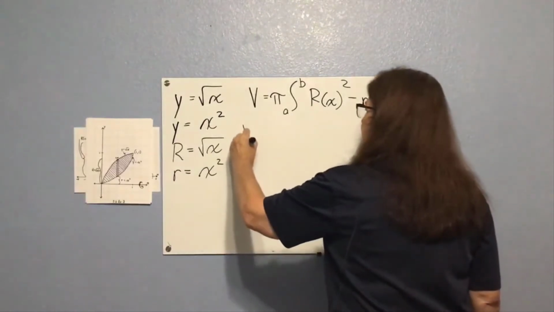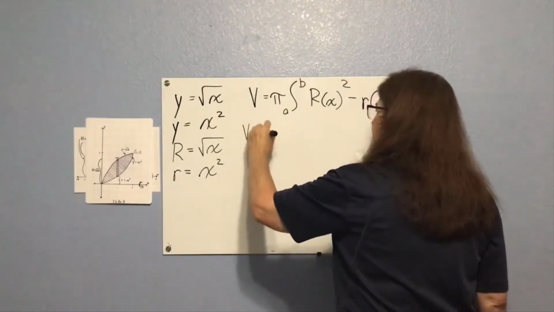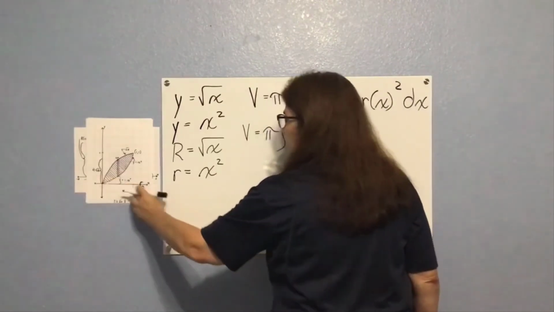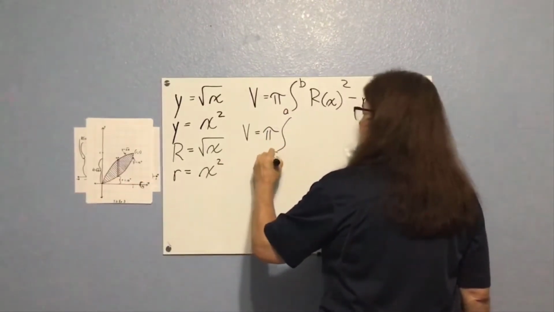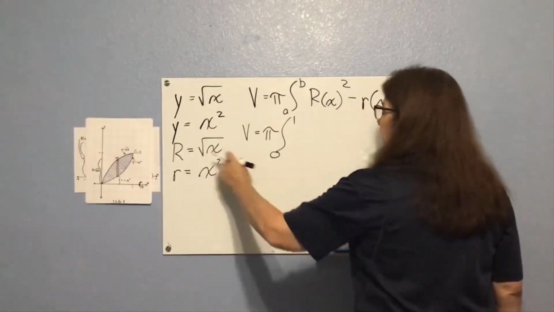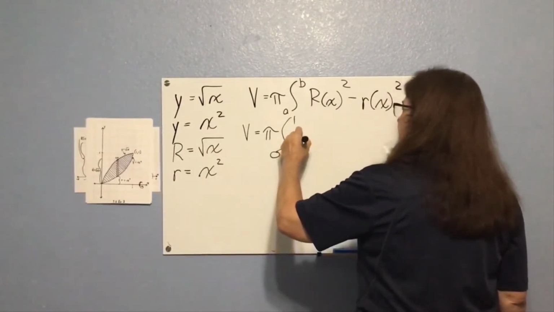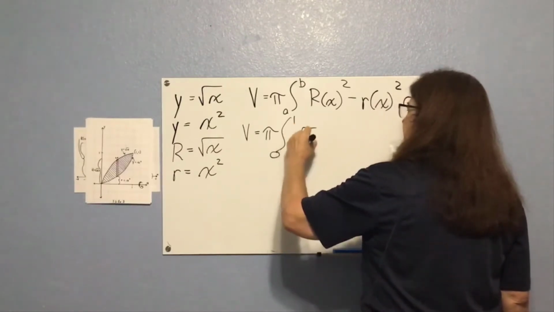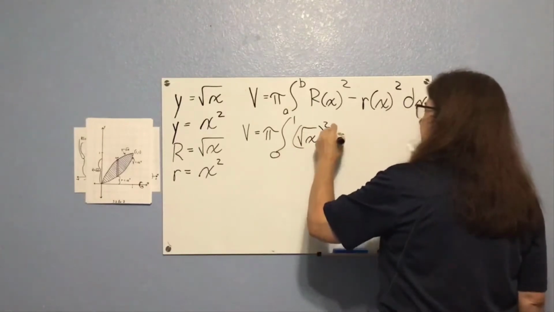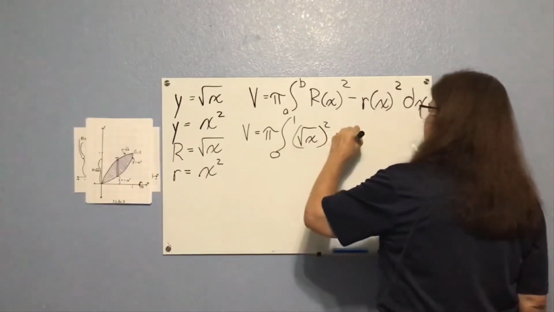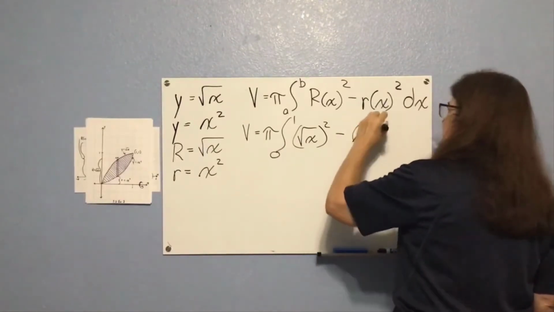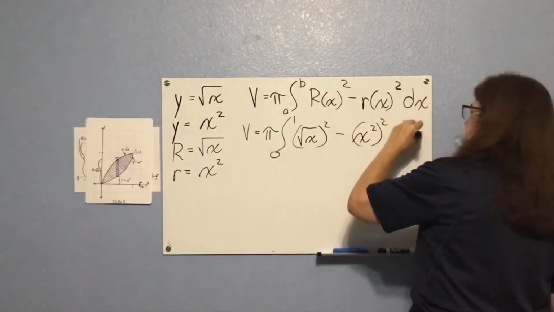So substituting in the values for this particular problem, we're integrating from 0 to 1. R of x is the square root of x, so I've got square root of x squared minus little r, which is x squared, dx.